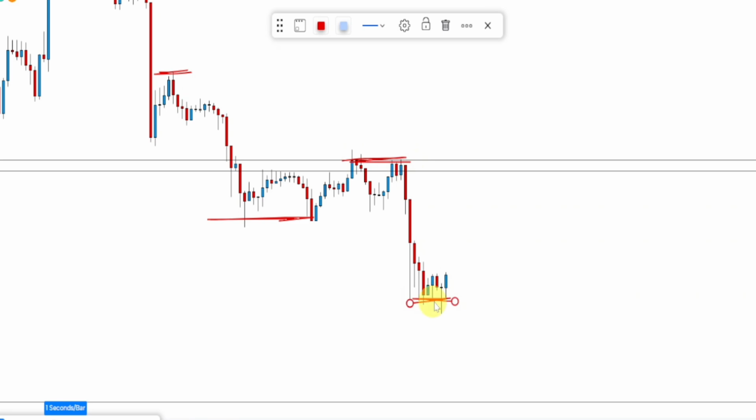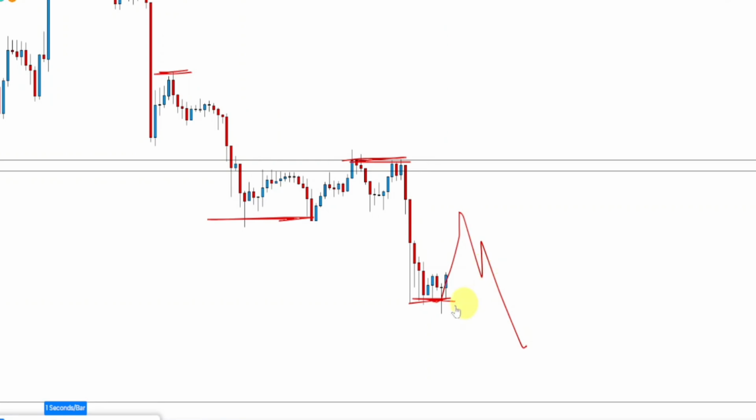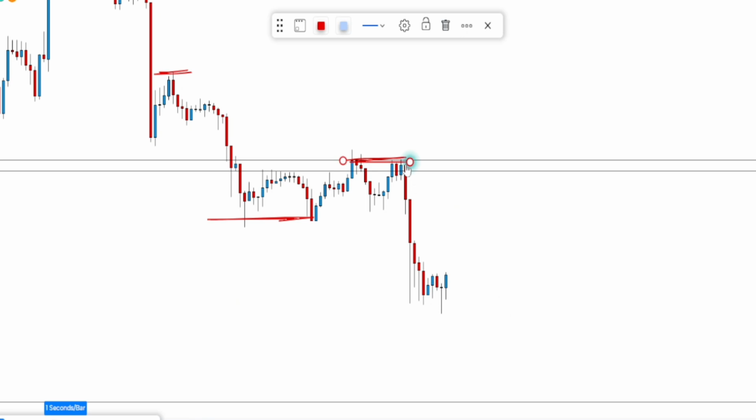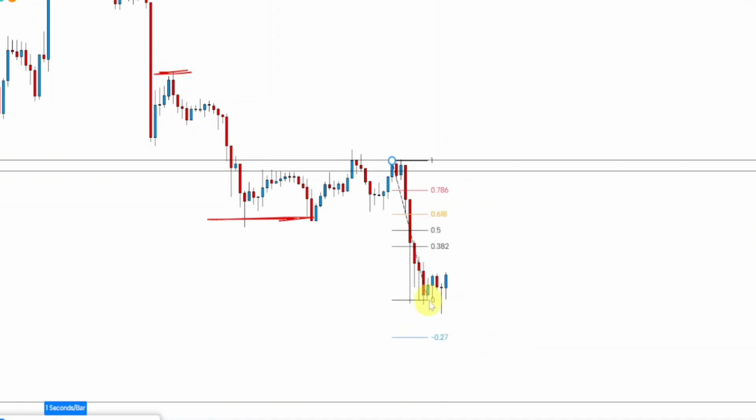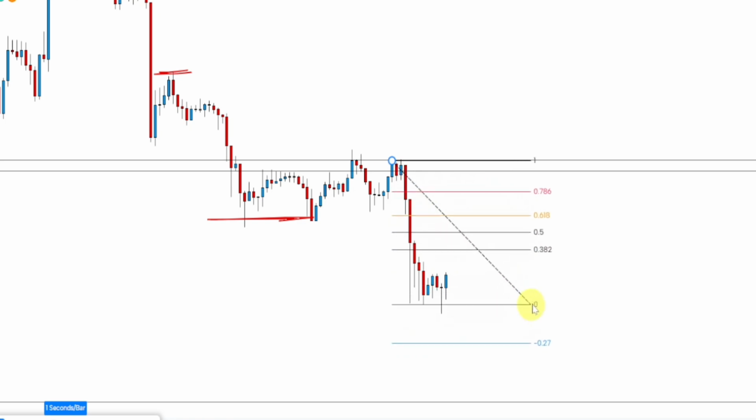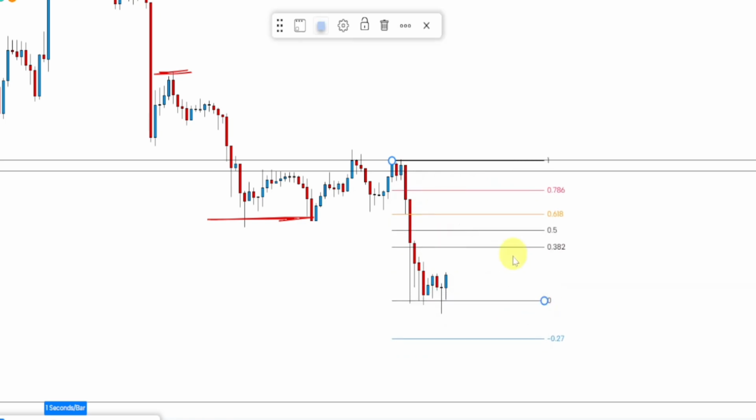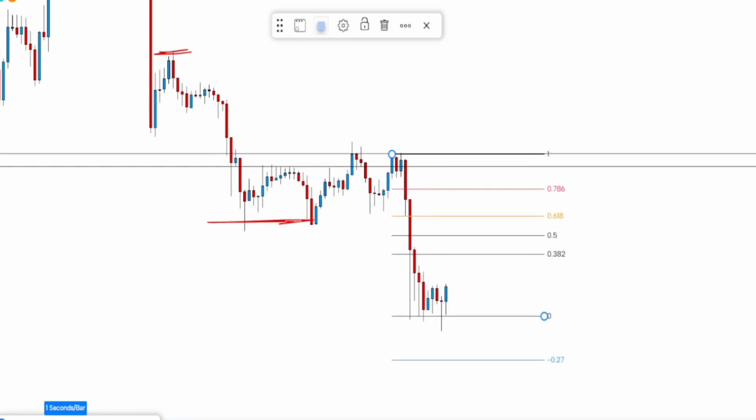The next question is, where will the next high and low be? Here I implement what we call the Fibonacci retracement approach. I use the Fibonacci retracement tool on the screen, dragging from the high to the low, so that price retraces into this area.